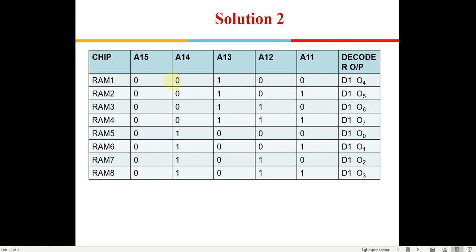If you see, the different combinations have been written not in sequential order. RAM 6 is given at output 1, RAM 7 at output 2, RAM 8 at output 3. Then RAM 1 is at output 4, output 5 is RAM 2, output 6 is RAM 3, and output 7 is RAM 4.